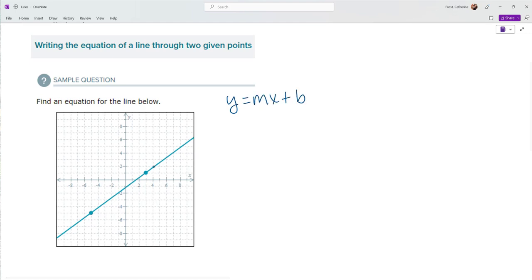you typically, if you don't have the graph, always find the slope first. And then you'll use a point, one of these points, or any point on the line, to find the b. So looking at this particular line, if we used the graph, going from left to right, we would go up 1, 2, 3, 4, 5, 6. So up 6.